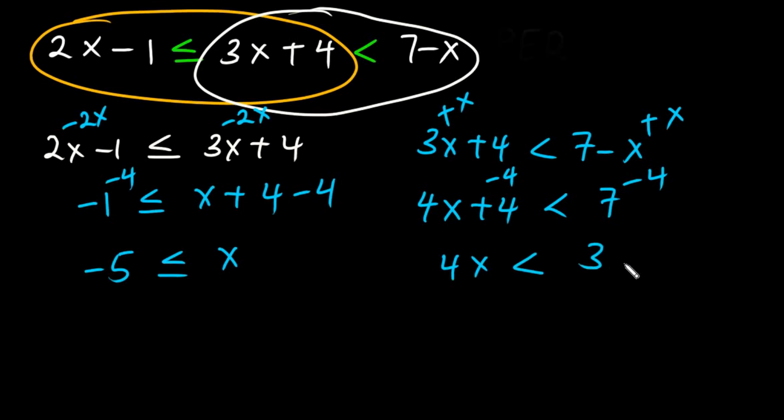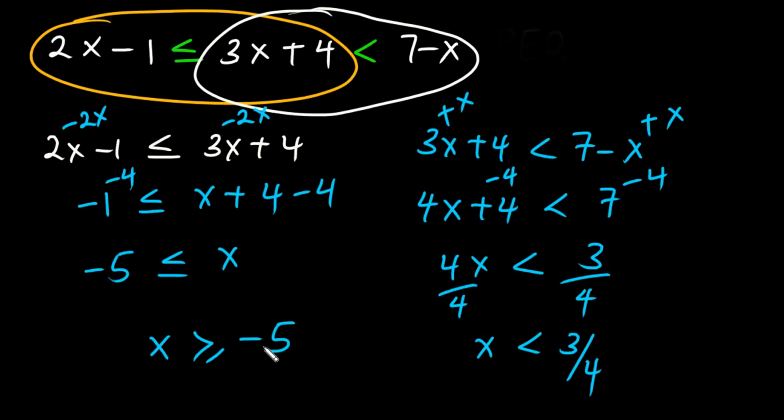To get the value of x, we divide through by 4, and x is going to be less than 3/4. So we have two inequalities. So that we don't get confused, we can write this one as x is greater than or equal to -5.